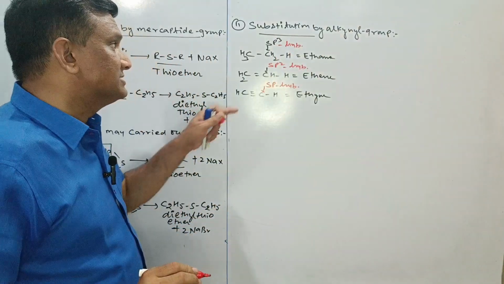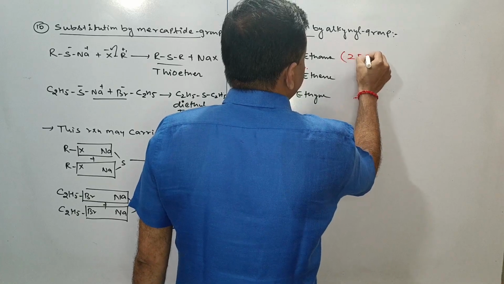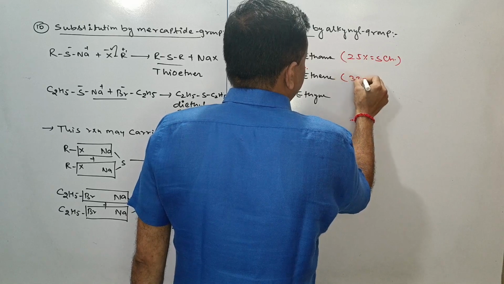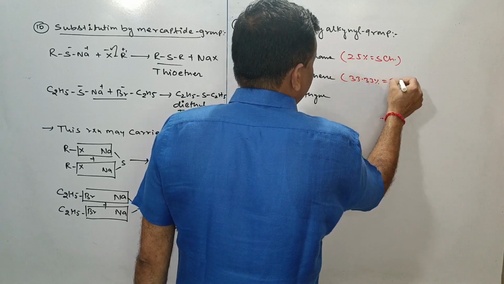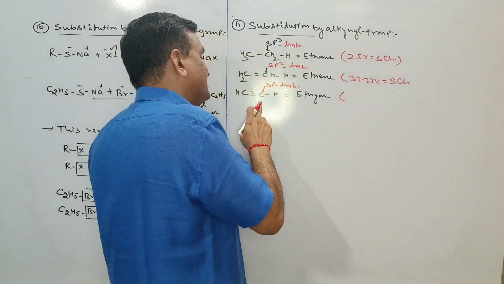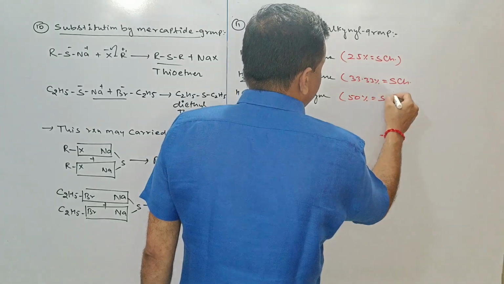If you go with sp3 hybridization, then this carbon has 25% s character. This has 33.33% s character. And alkyne, due to sp hybridization, this carbon has 50% s character.